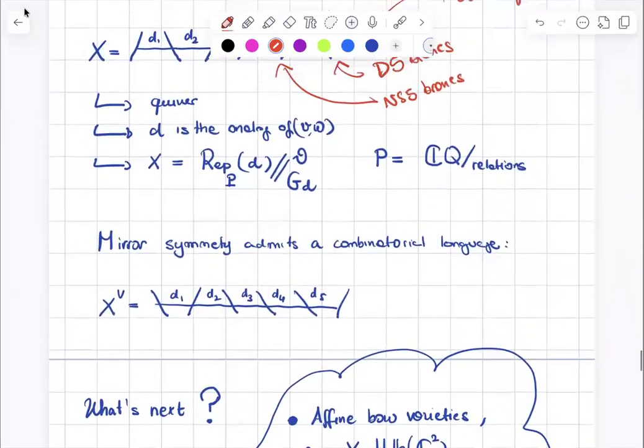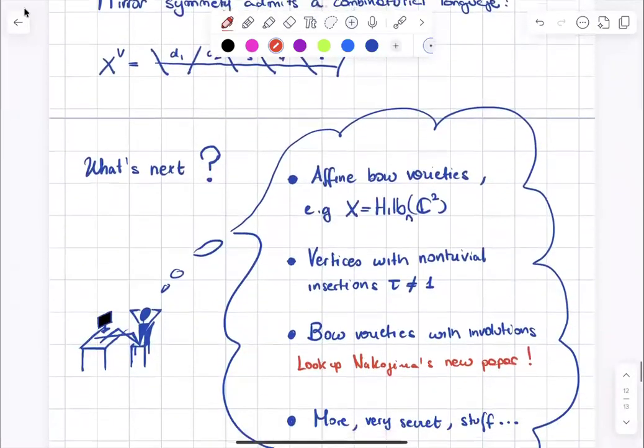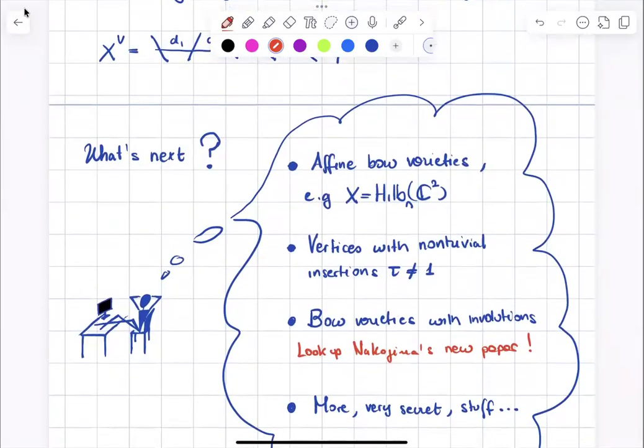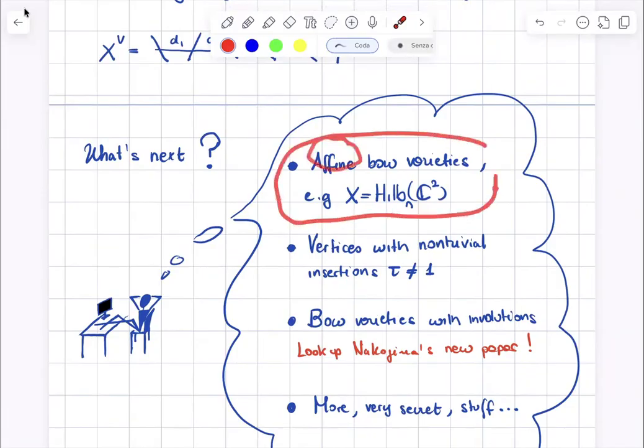So what's next? In the future, there are many directions to be explored. Surely a very interesting subject is moving from finite type bow varieties to affine bow varieties. These include extremely interesting examples such as the Hilbert scheme of points, or more generally moduli of sheaves on P2 with some trivialization, things like that.